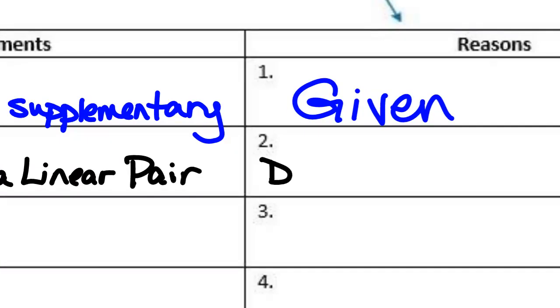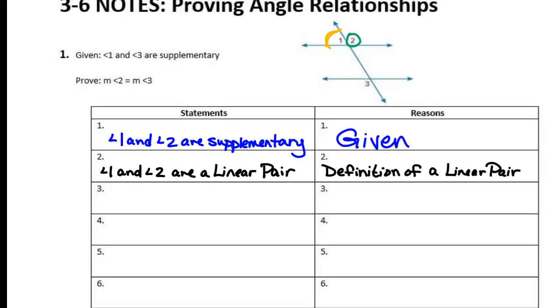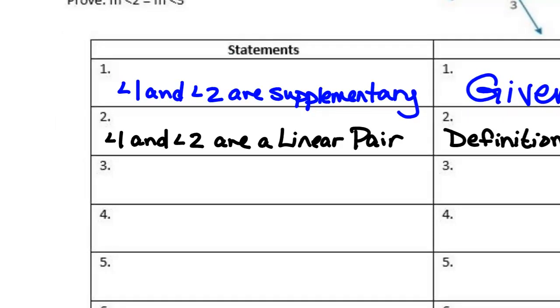That is the definition of a linear pair. What do we know about the measurements of the angles in a linear pair? They're equal to 180. Angle 1 and angle 2 are supplementary.